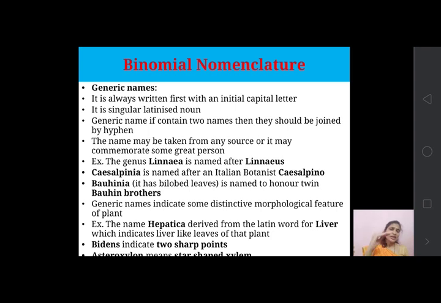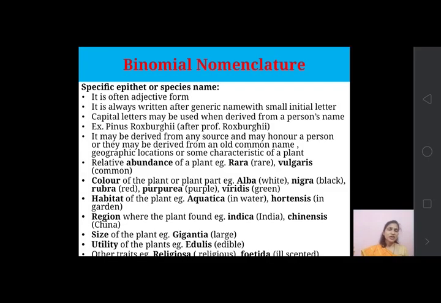So the generic name is taken from any source: it may indicate morphological characters, or honor some great persons. There are many sources, and there is no restriction, so anyone can give a particular name as he wants. So this is about the generic name.